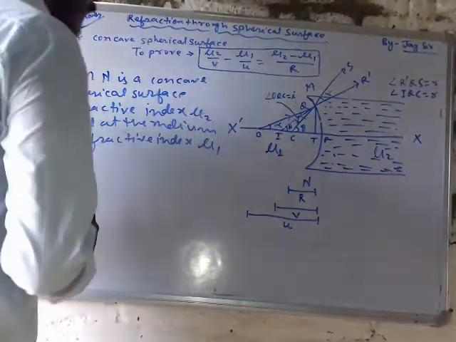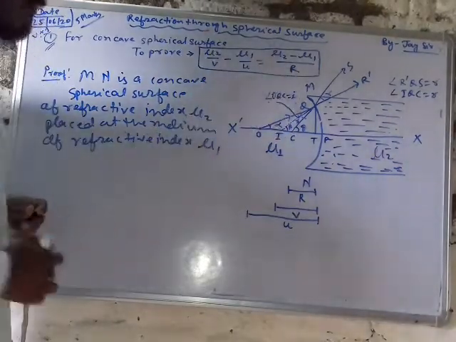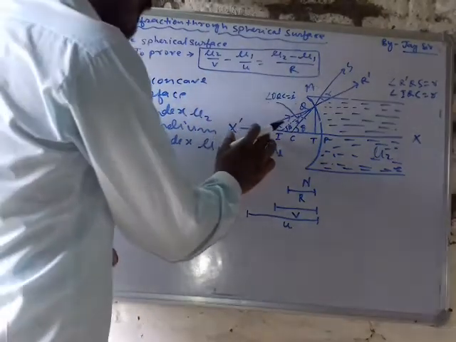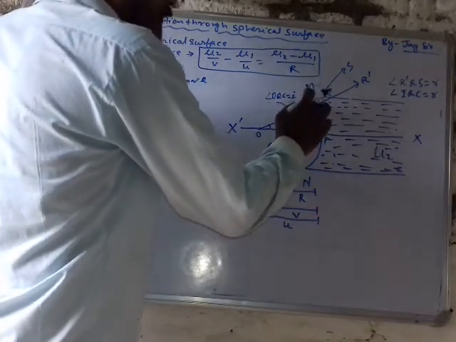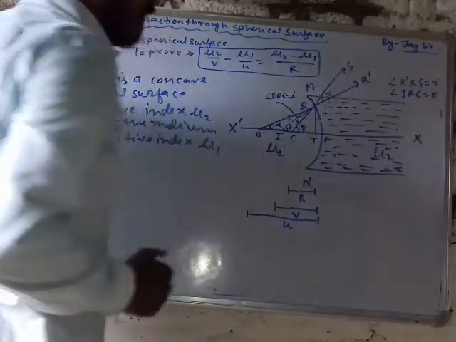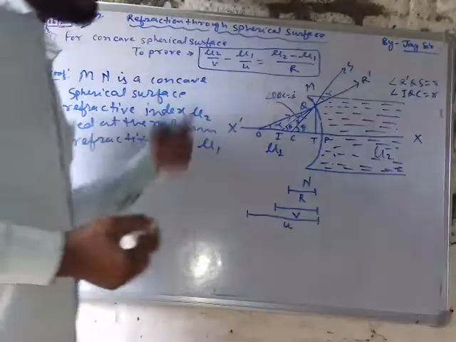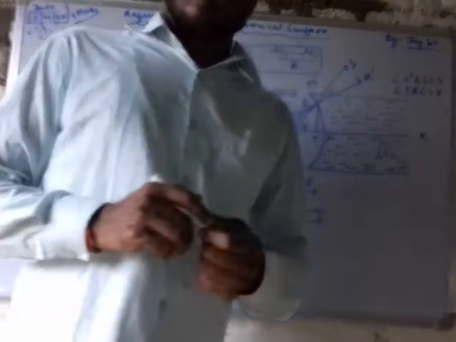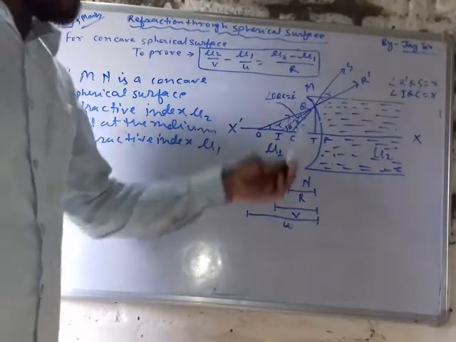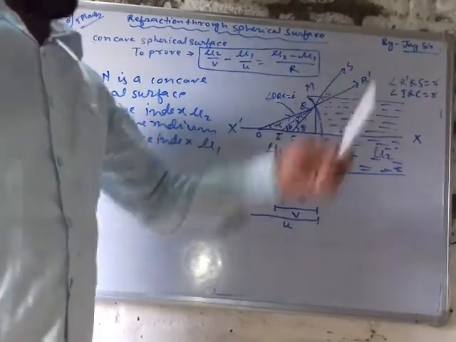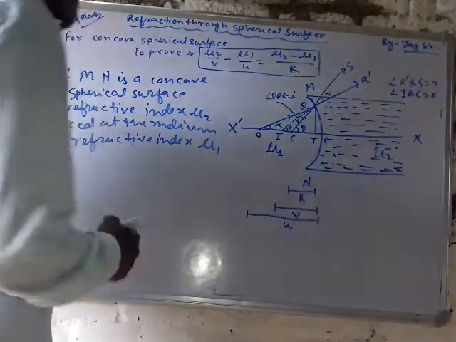Now the light ray coming from point O is incident at point Q, and the incident light is refracted along QR dash.